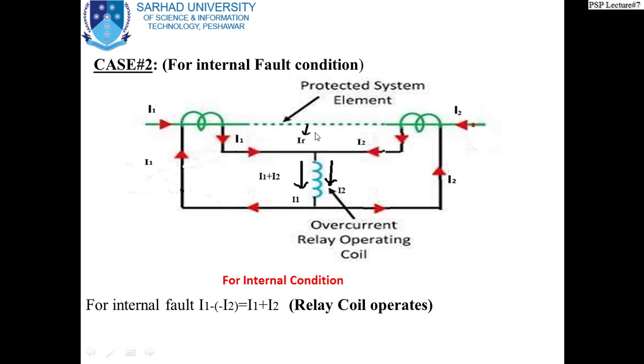In the previous case, for external fault, the direction of current remains the same. Even the magnitude of the current remains the same. Input current was equal to the output current because there was no internal fault. And now when we have an internal fault, the output current from this end is 0, but now we have a back feed. So supply from the other end will come, and this is the direction of I2.